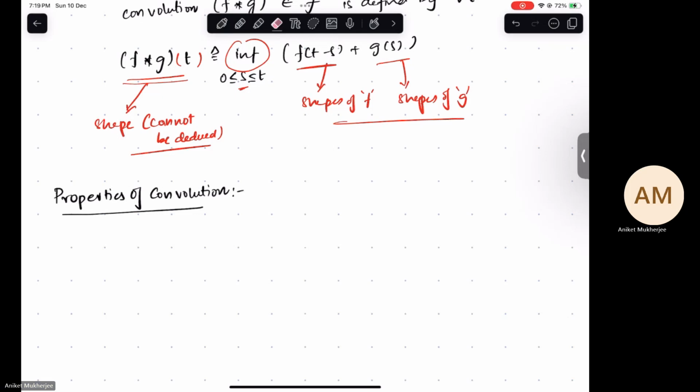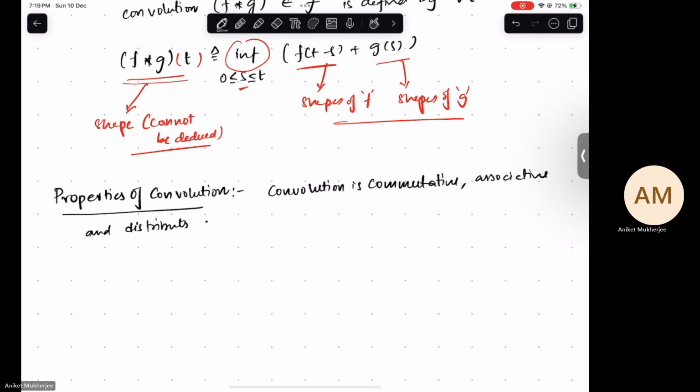So convolution is commutative, associative, and distributes over the minimum. So let for all f comma g comma h belong to the set of functions.